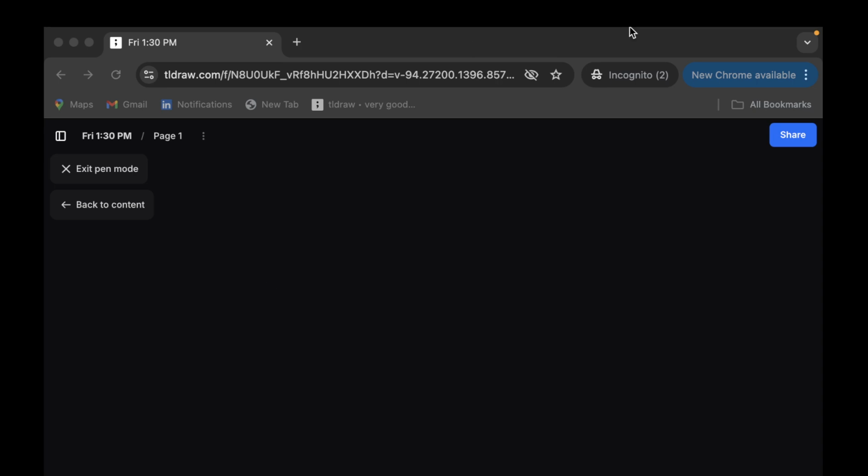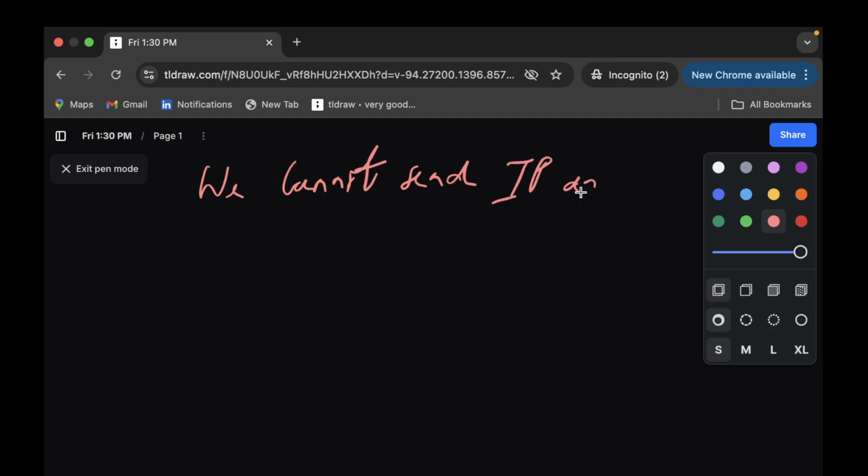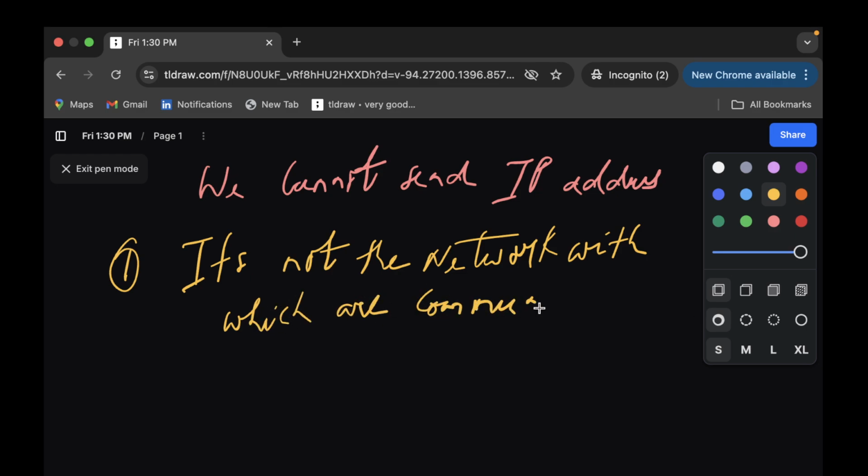We cannot do that, first because it's not the network that we are communicating with, but the device.